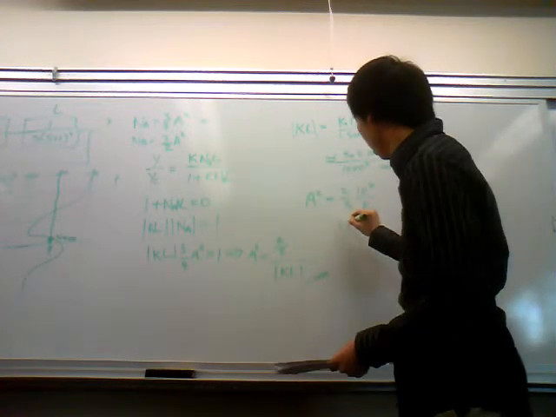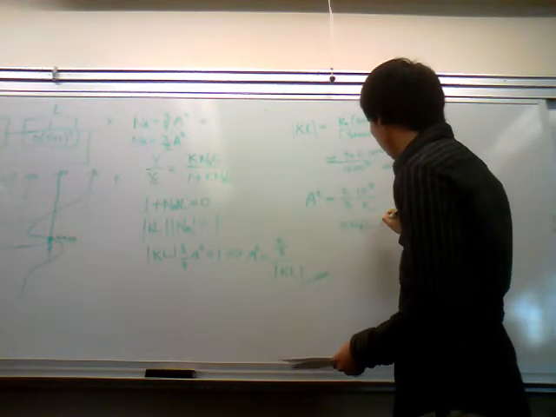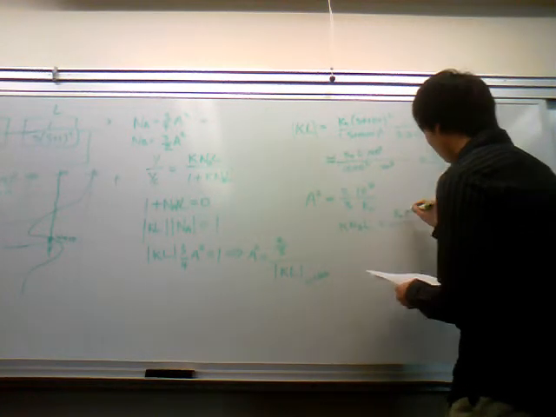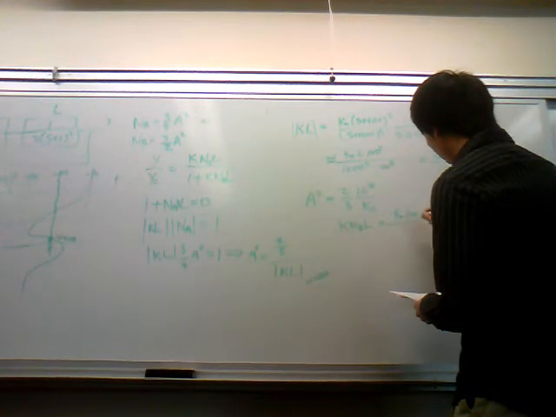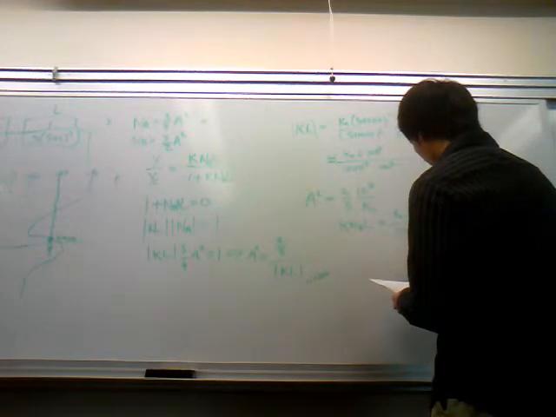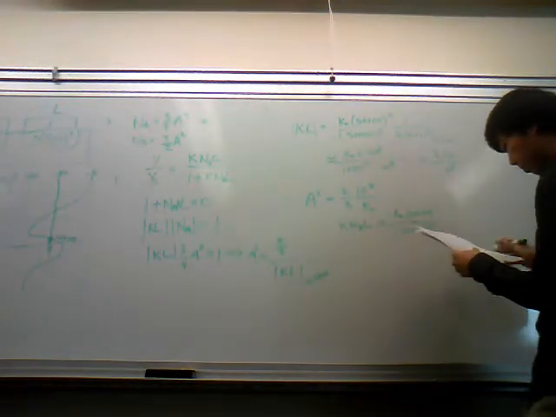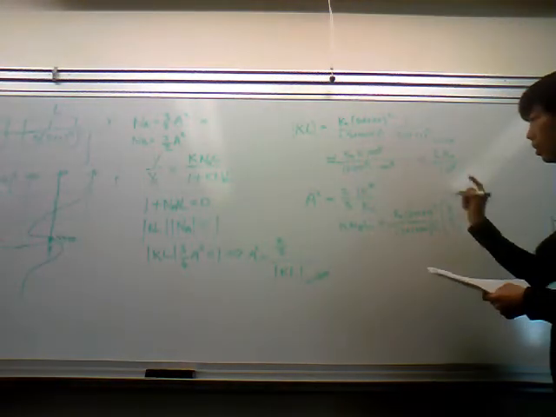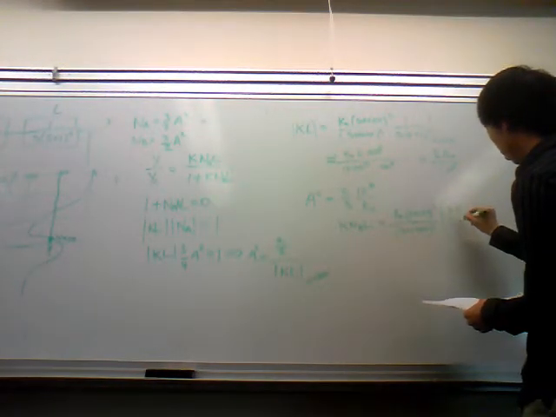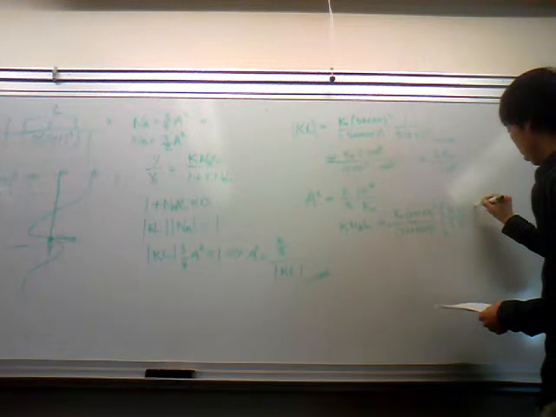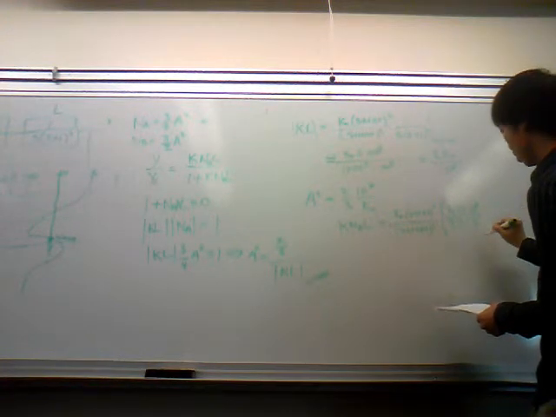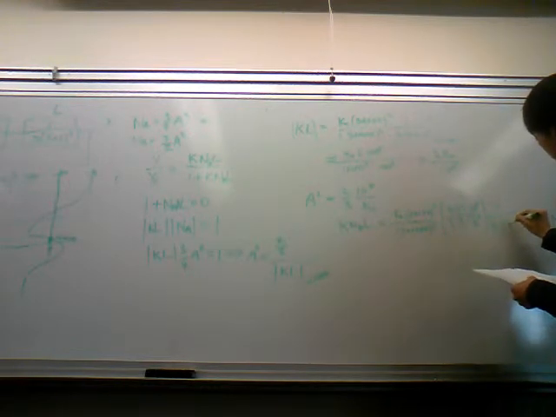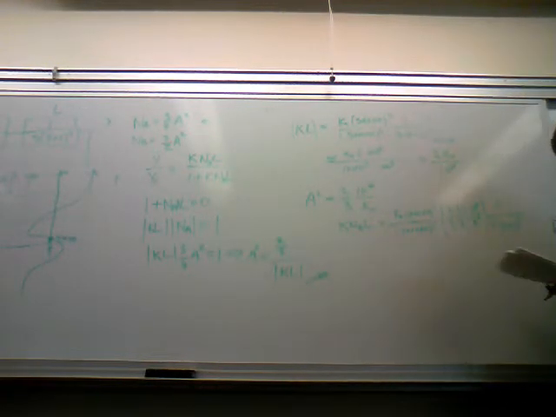So we can find K and B times L, and that's going to give us K0 times S plus 100 squared over S plus 1000 squared times 3 over 2 A squared, which is 2 over 3 10 to the 8 over K0, times 1 over S plus 1 squared.